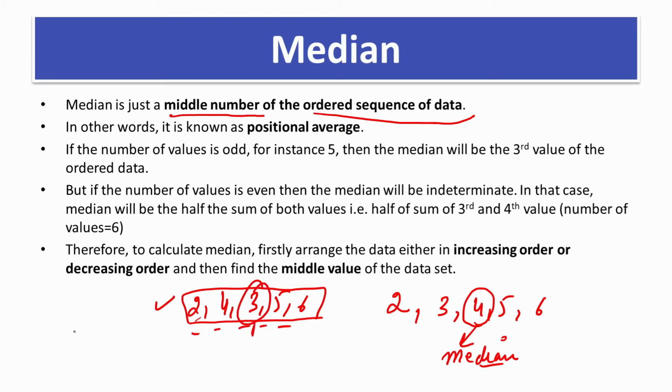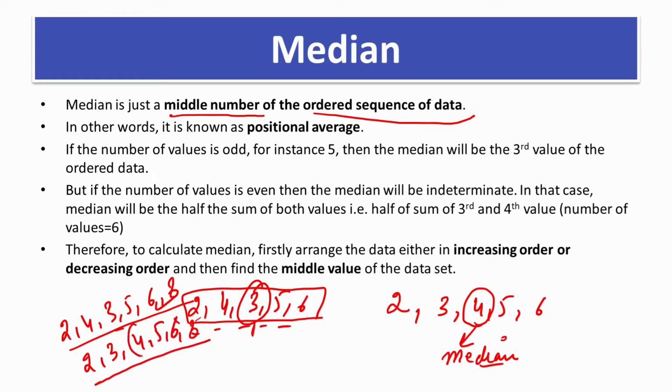In another case, if you have an even number of values, what will you do? Arrange the values in ascending order, 5, 6, and then 8. In this case, you'll see the third value and the fourth value.